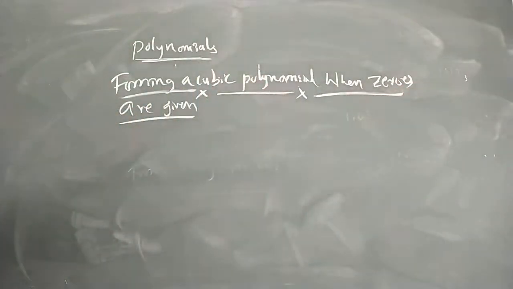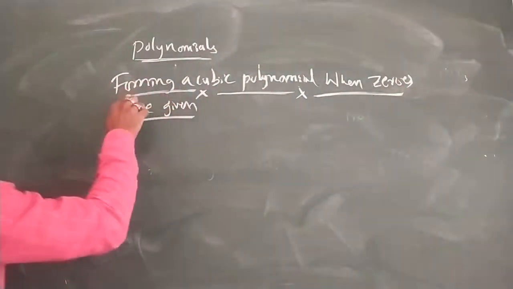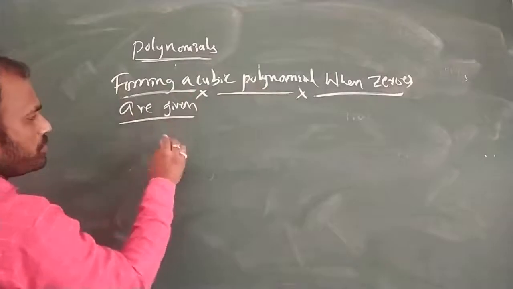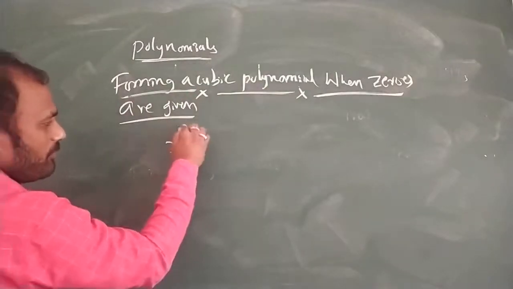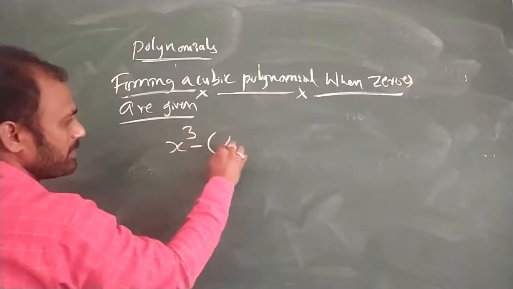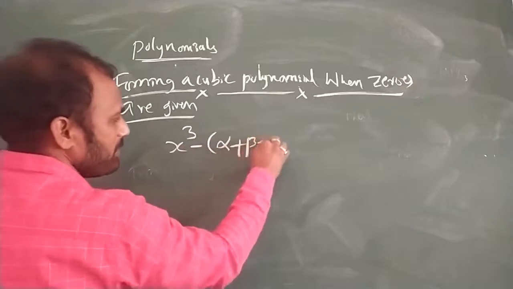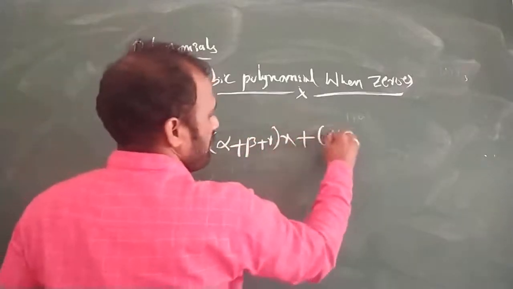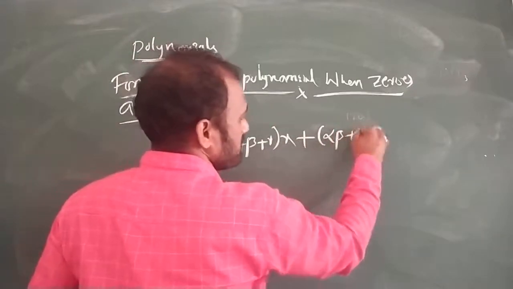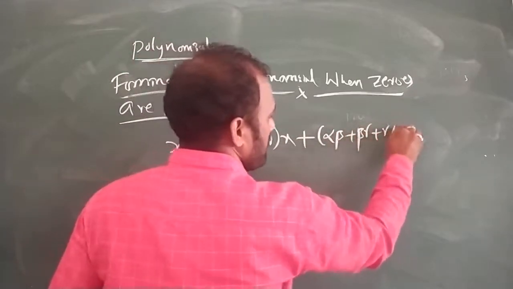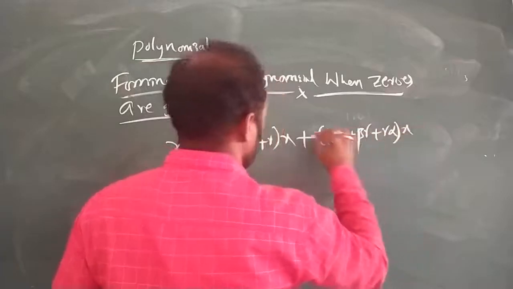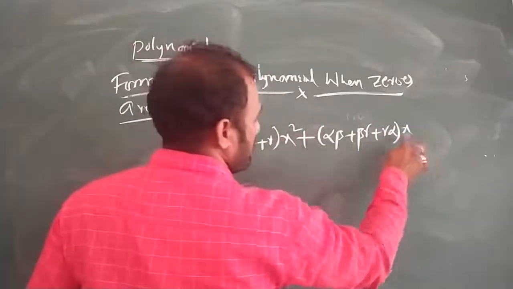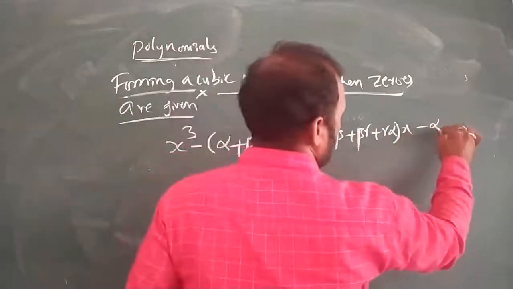Okay. Listen carefully, students. Here, forming a cubic polynomial when zeros are given, we will use the formula x cube minus (alpha plus beta plus gamma) into x square plus (alpha beta plus beta gamma plus gamma alpha) into x minus alpha beta gamma.